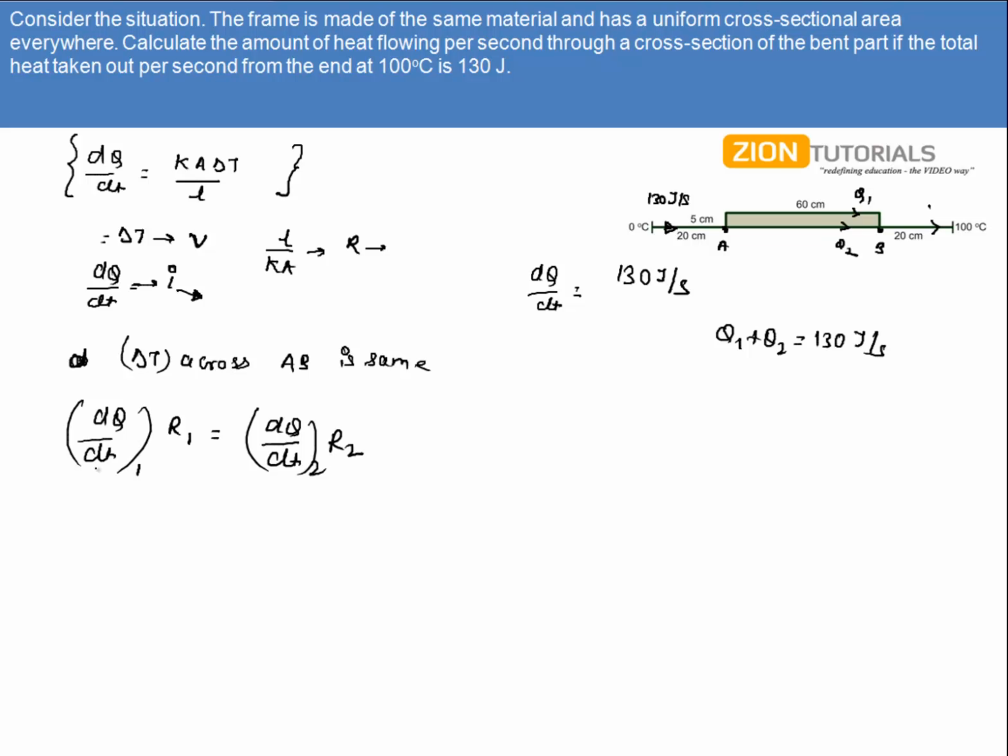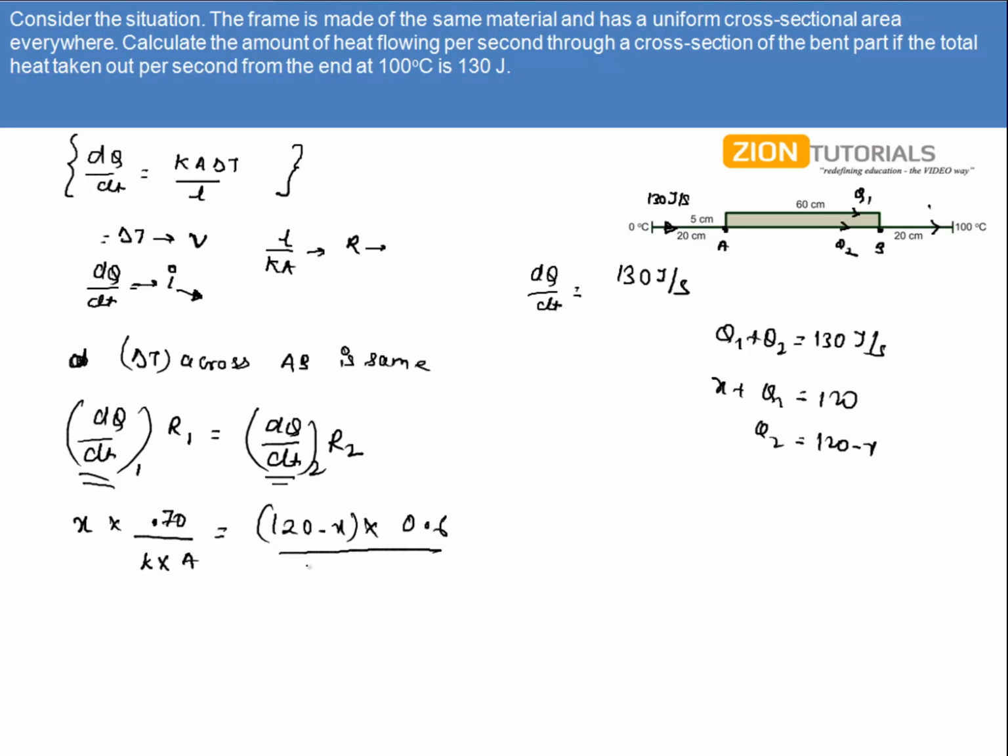So just substituting the values, let's say dQ by dt 1 is x. The thermal resistance of this part will be equal to L, that is the total length, 60 plus 5 plus 5, so it will be 70.7 meters, divided by K into area of cross section, let it be A. Fine. dQ by dt 2 will be, now x plus Q2 is equal to 130, so Q2 comes out to be 130 minus x, so this will be 130 minus x into length 60, or 0.6, over K A, so K A is cancelled from both the sides.